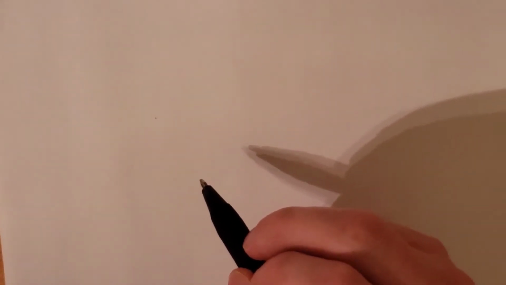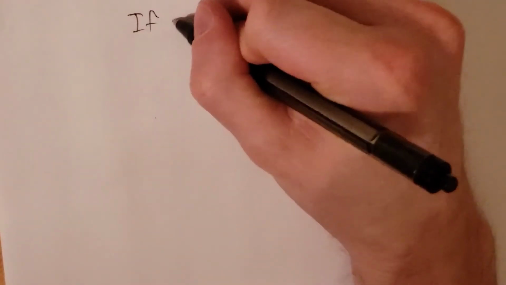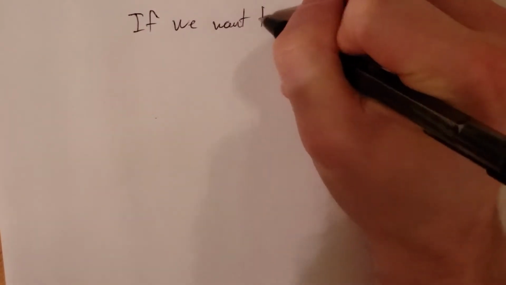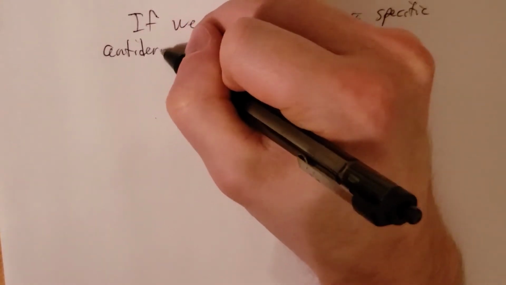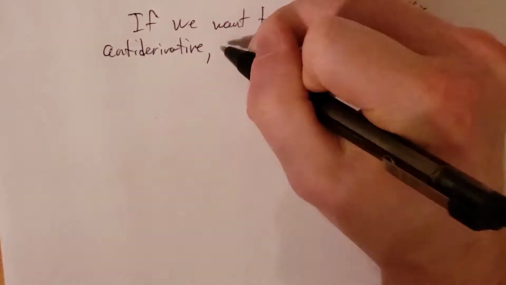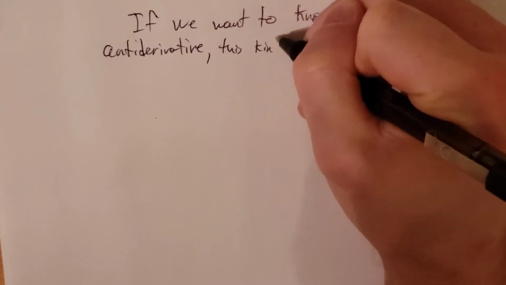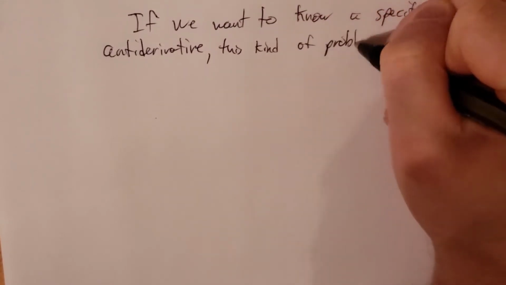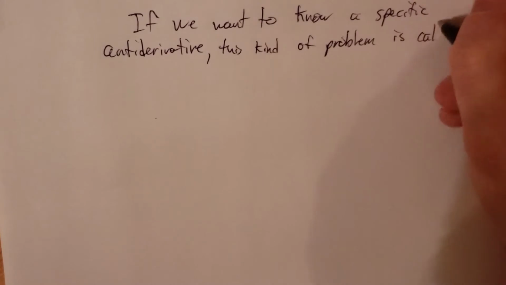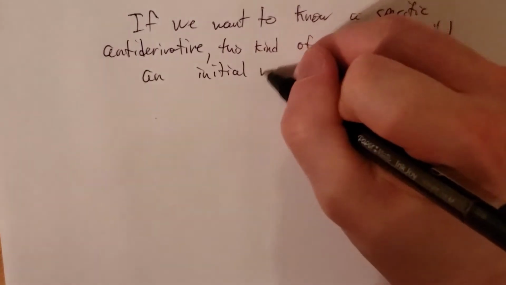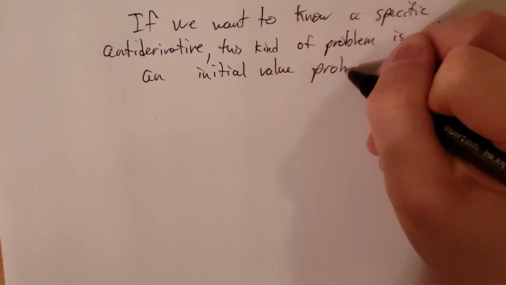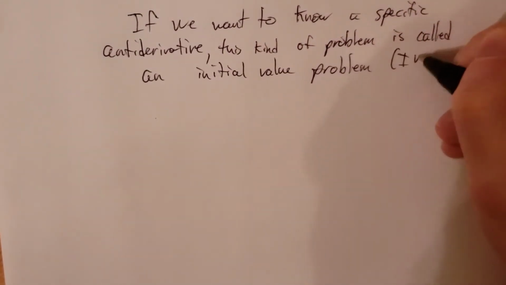In this video, we're going to look at finding specific antiderivatives. So if we want to know a specific antiderivative, this kind of problem is called an initial value problem, also known as IVT.